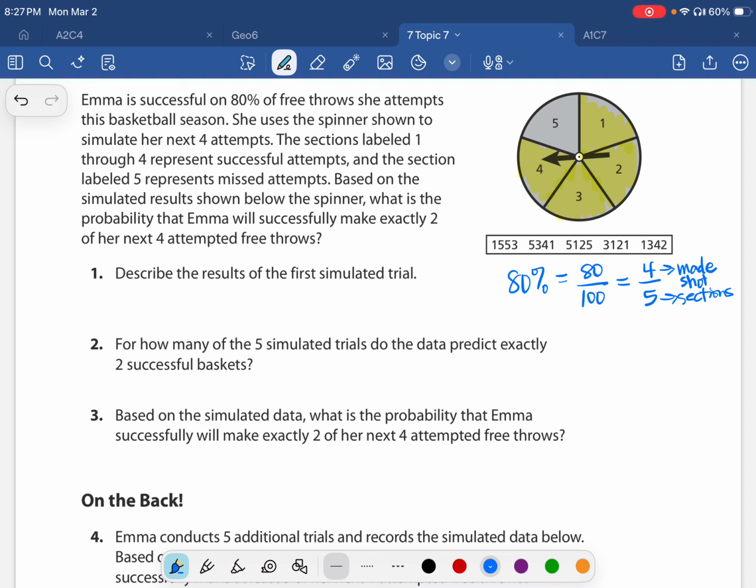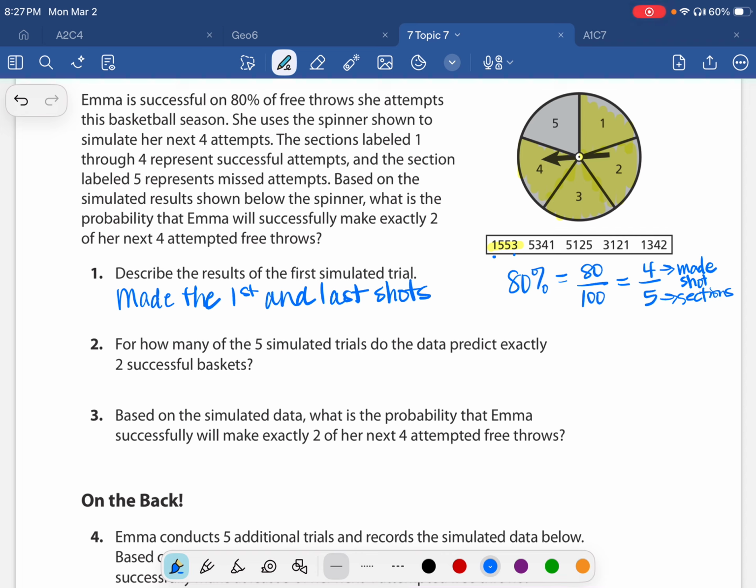So describe the results of the first simulated trial. So here is her first simulated trial. She got a 1, a 5, a 5, and a 3. So that's going to indicate that she made the first and last shots, because she got on her spinner a 1 and a 3.